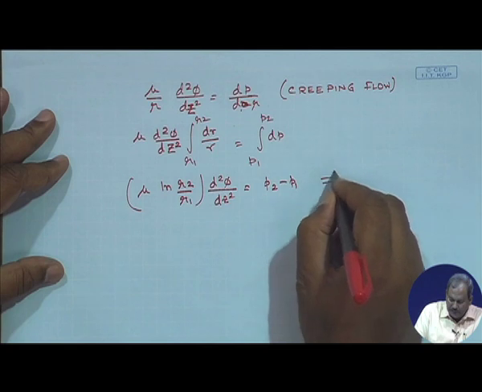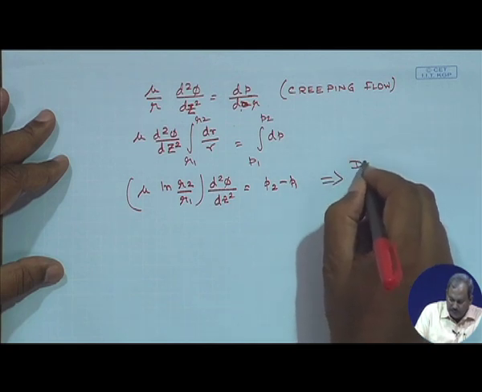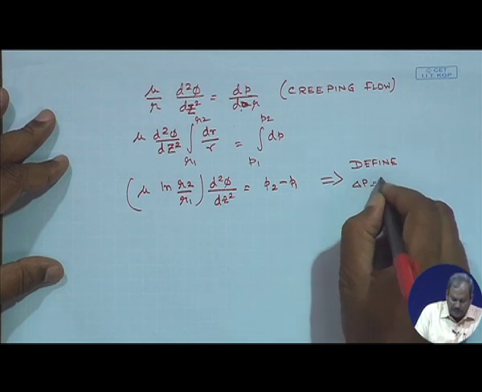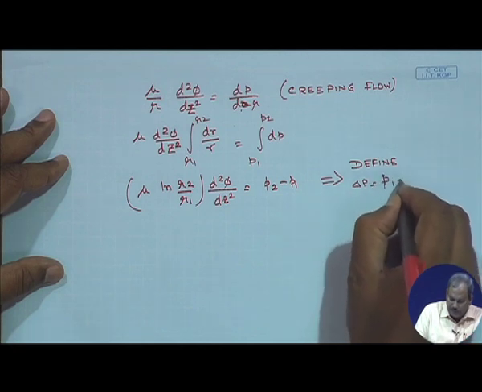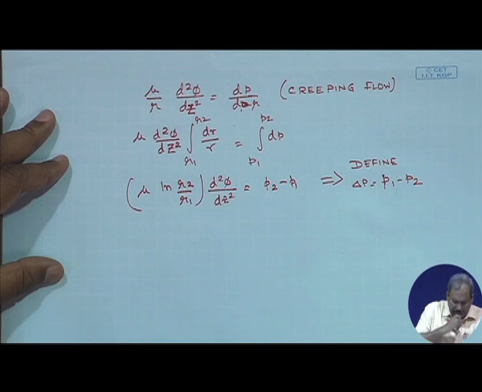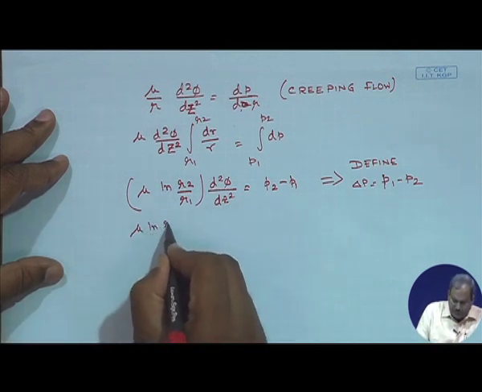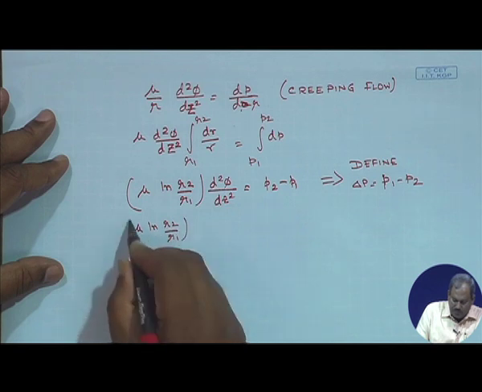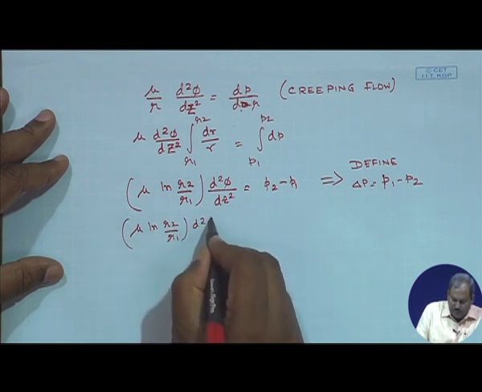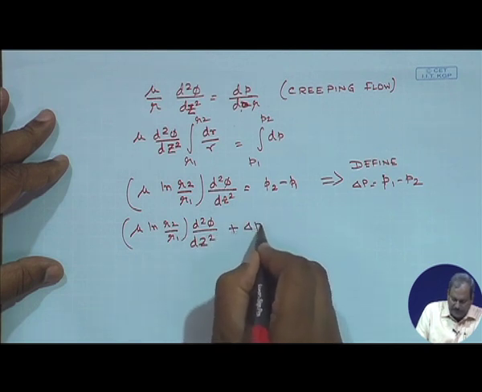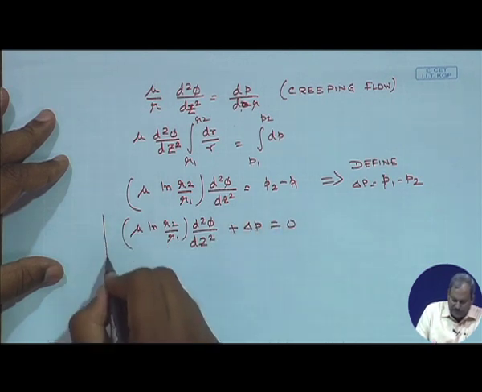So, if we define delta P is equal to P1 minus P2, then the equation would transform to ln r2 by r1 times d2 phi by dz square plus delta P is equal to 0.